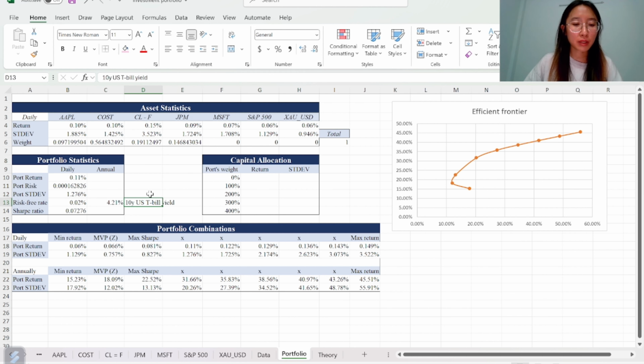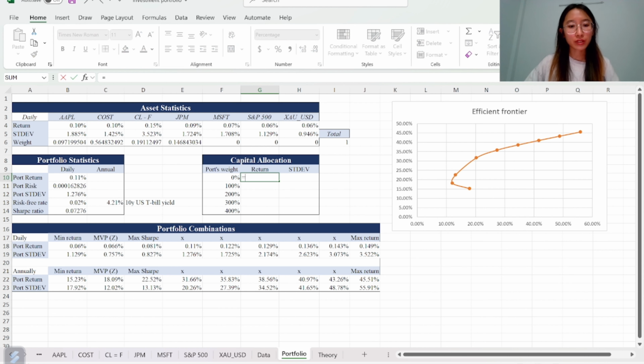If the portfolio of risky asset weight is 0%, that means we only invest in the risk-free asset. And if the portfolio weight is 100%, that means we only invest in the risky asset. And actually, when the portfolio weight is higher than 100%, that means we borrow money at the risk-free rate to invest our fund in the risky asset portfolio.